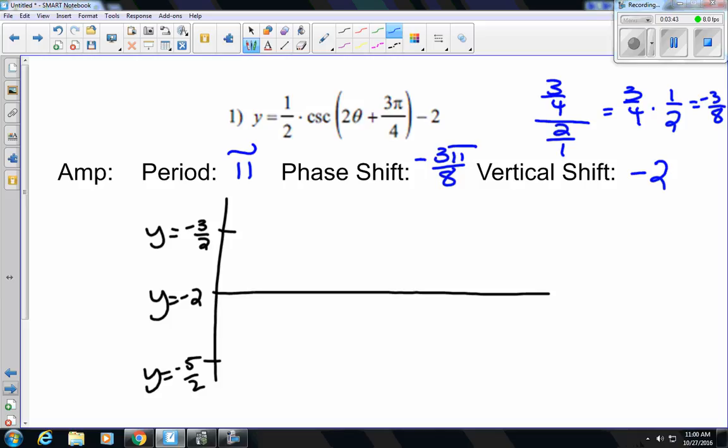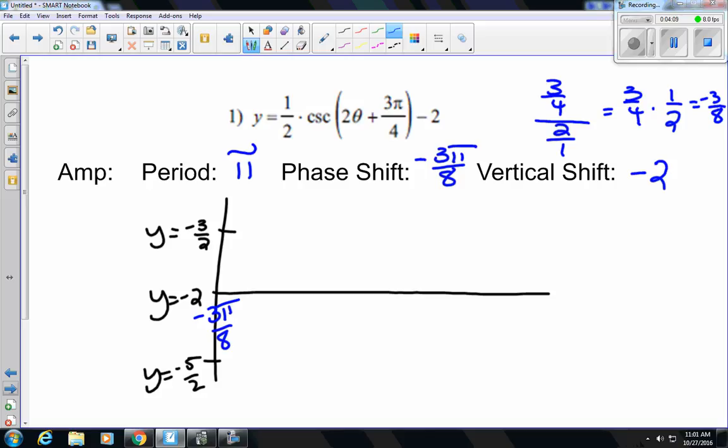What is it that gives us the starting point? The phase shift gives us the starting point. So my starting point is -3 pi over 8. Okay, true or false? My ending point is pi. False. My ending point is period plus phase shift.